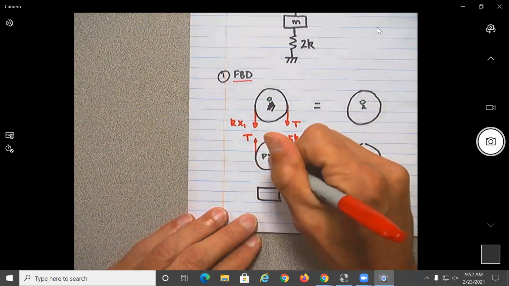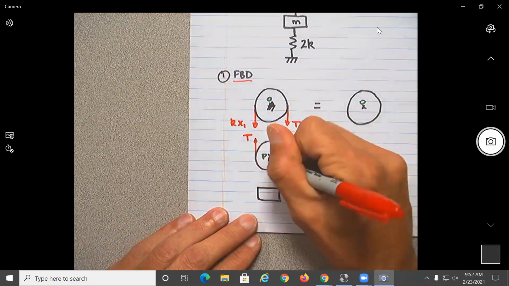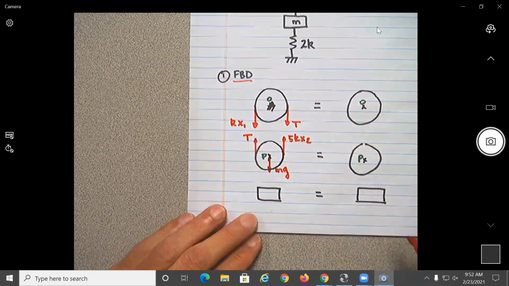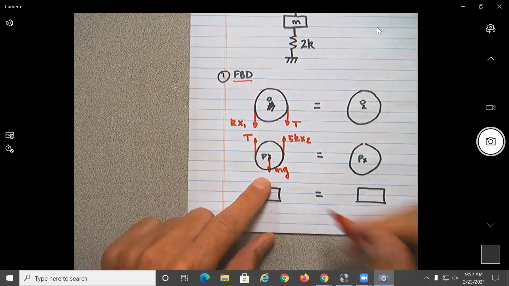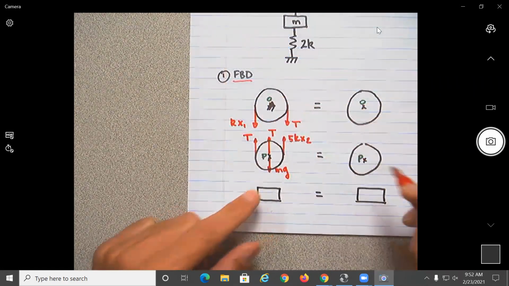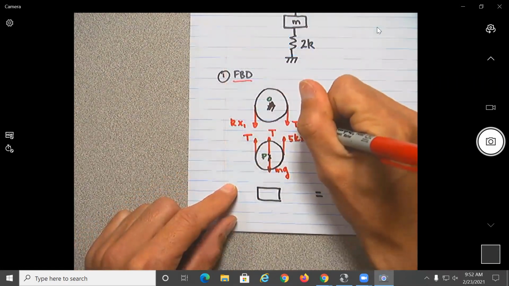And what else? Here you will have, so this is might be a bit more complicated, it will be mg. All right, but then what do you need to add over here? So maybe we need to change a bit the notation. Let's call this one T1 over here. Forgot we need another one.